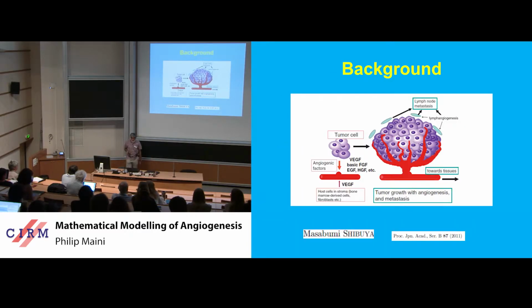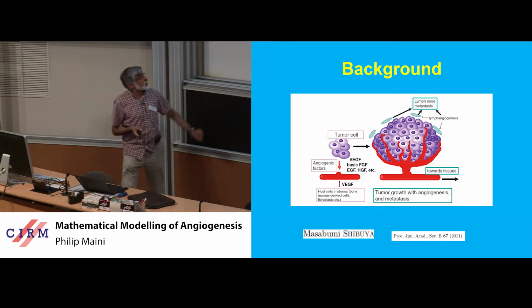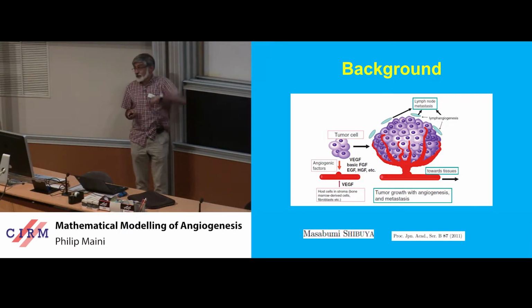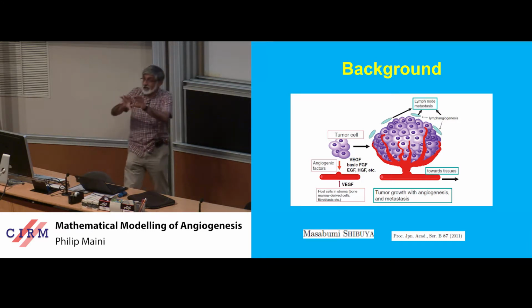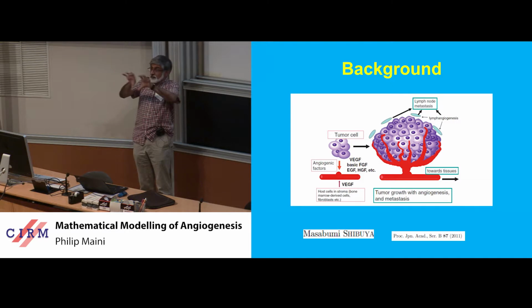Okay, so here's a cartoon of angiogenesis. So basically what happens is you have a tumour cell. The tumour cell produces various growth factors. Now the blood vessel has got pericytes which keep the blood vessel well insulated so the blood can flow along and doesn't leak out.